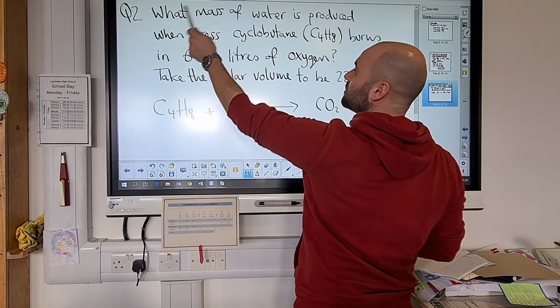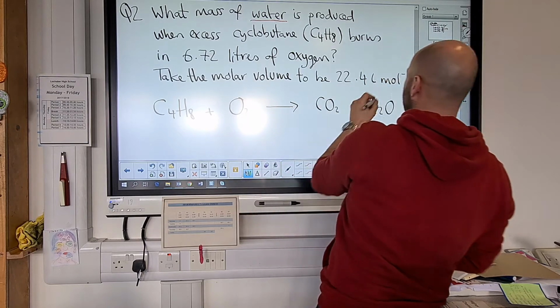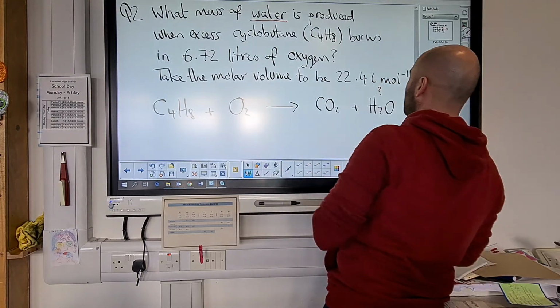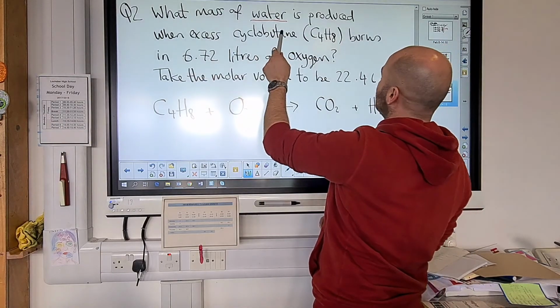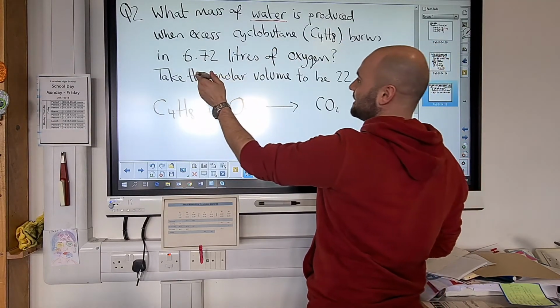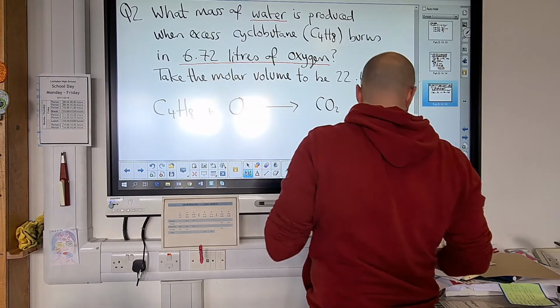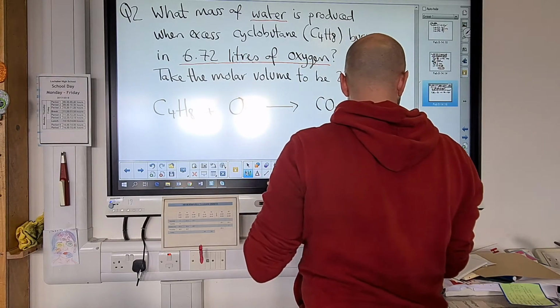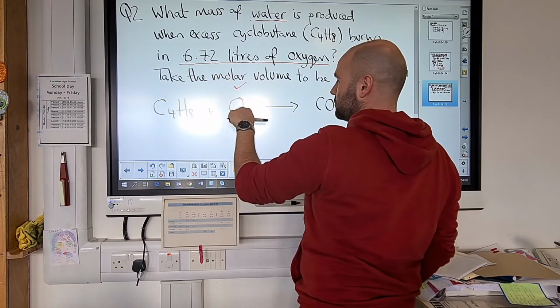So the first one, what mass of water, it's asking us to calculate something. So I'm going to put my question mark on top of H2O. It's produced when excess cyclobutane burns in 6.72 litres of oxygen. This is the thing that I know. I'm going to put a little tick on top of oxygen.